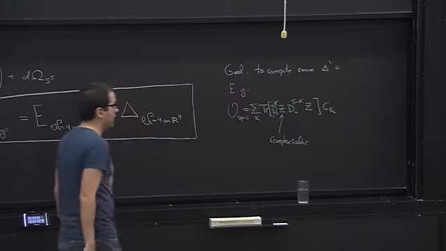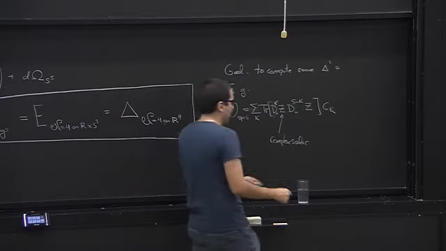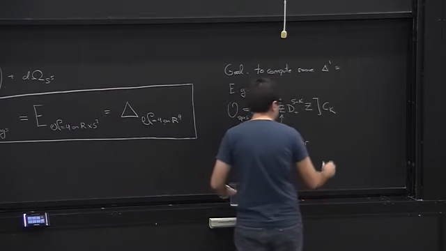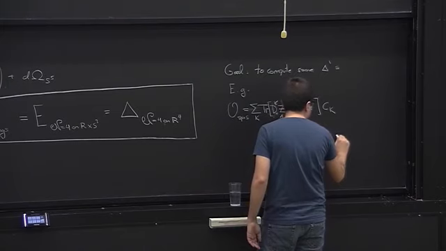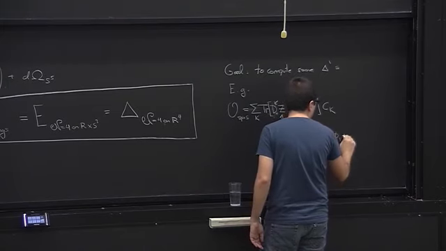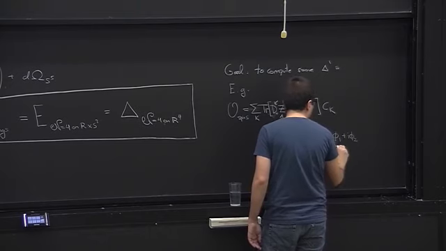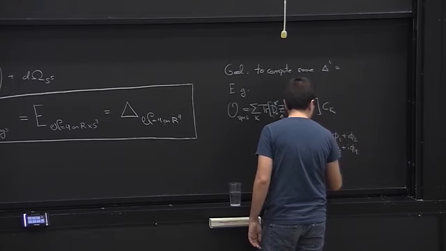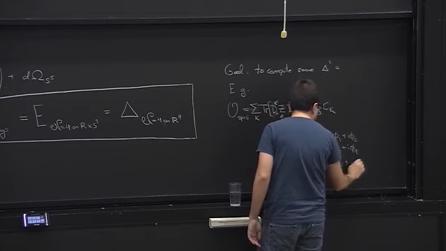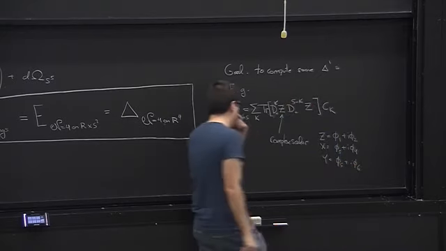For example, this Z is a complex scalar that you can construct. So you can define Z to be phi 1 plus i phi 2, X to be phi 3 plus i phi 4, and Y to be phi 5 plus i phi 6, and similarly their complex conjugate scalars.